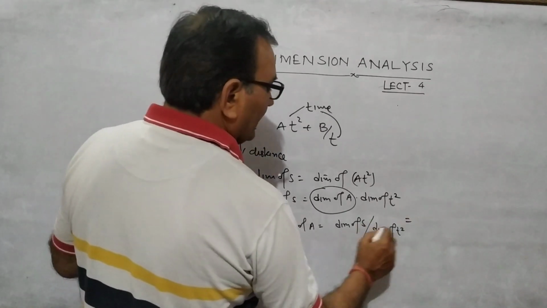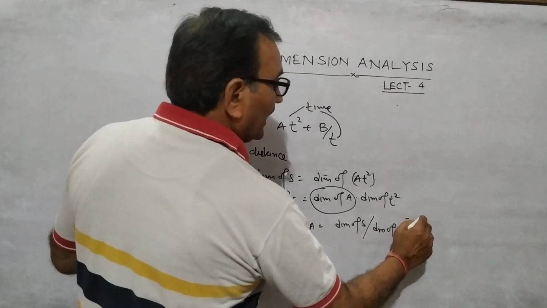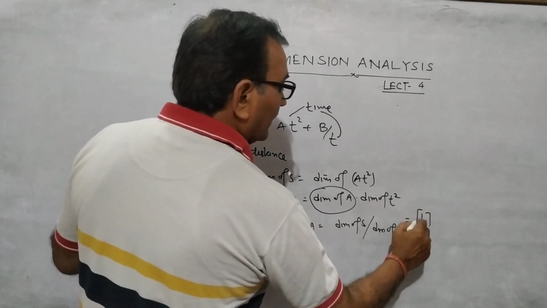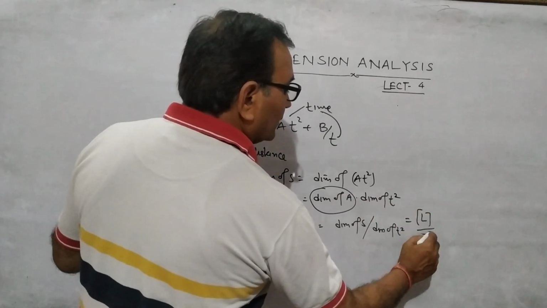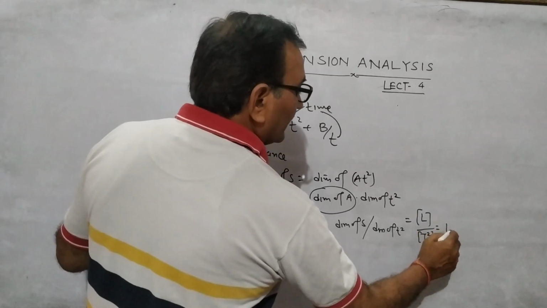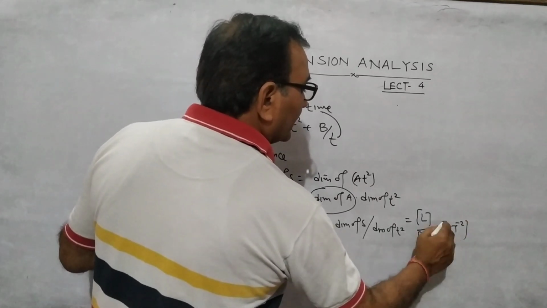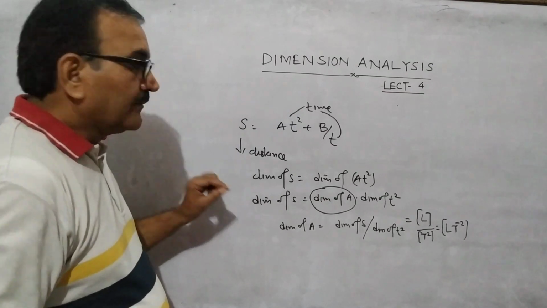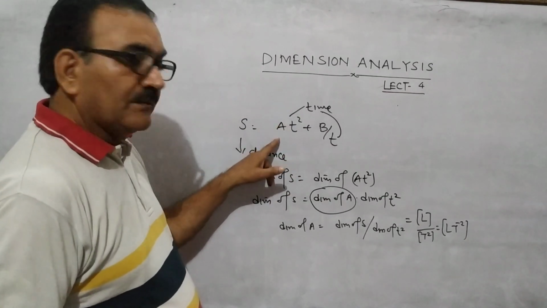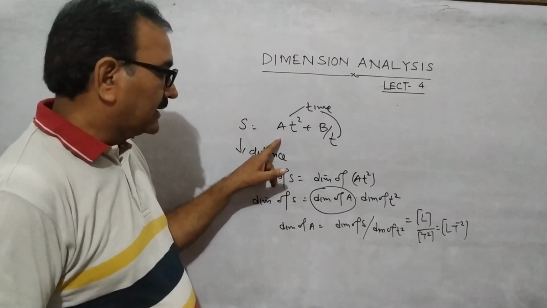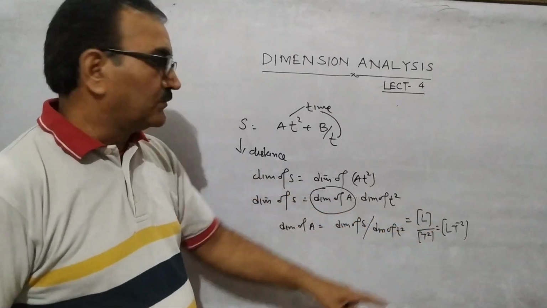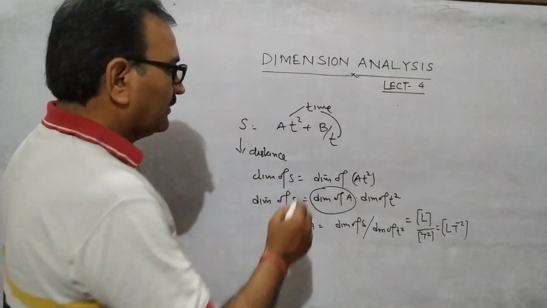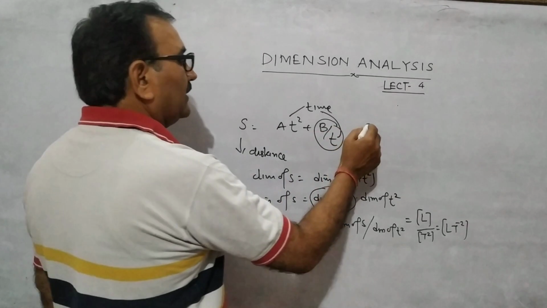The dimension of S, that is distance, is L, and time is T to the power 2, so you can write L T to the power minus 2. So constant a has the dimension L T to the power minus 2. In a similar way, you can calculate the dimension of b.